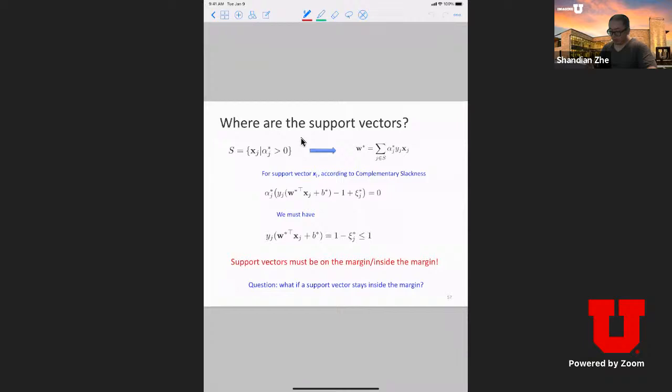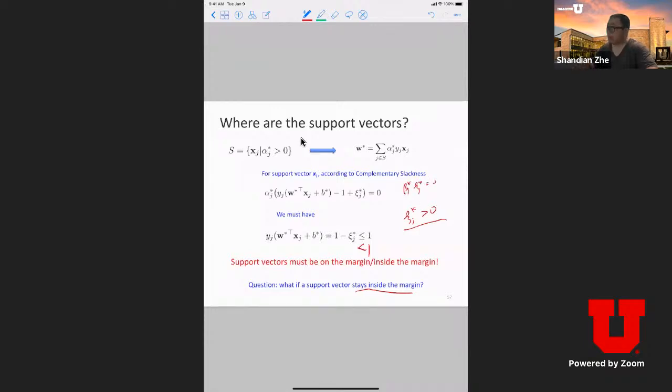Another question is what if a support vector stays inside the margin? If it stays strictly inside the margin, it means that this one is strictly less than 1, right? In other words, the xi_j star must be strictly positive. If we look at the complementary slackness again, one result is that beta_j star times xi_j star is 0.